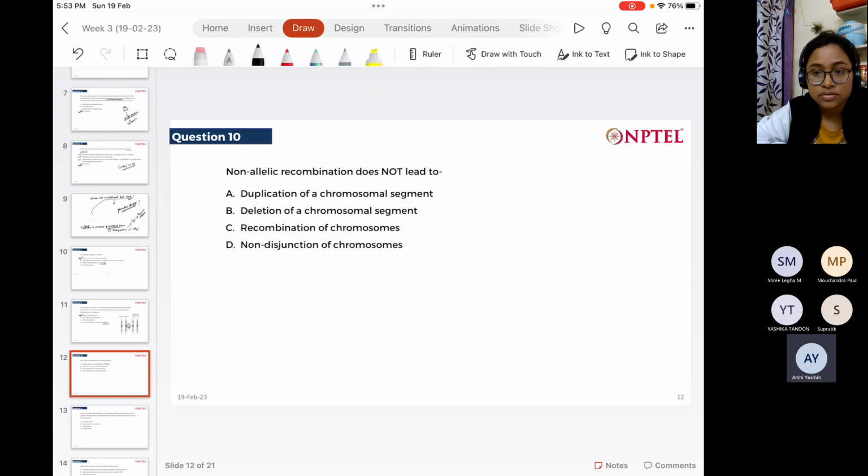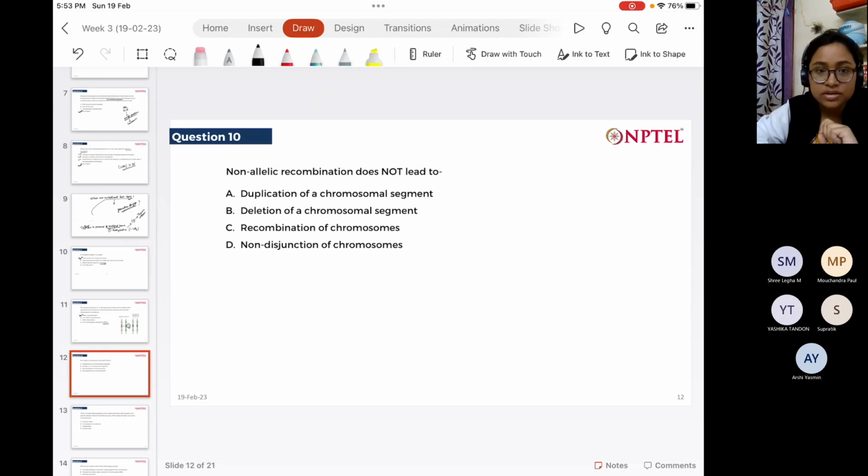Ma'am, I'm confused between duplication and deletion. Okay, acha. So here you're being asked what does not happen in non-allelic recombination. Duplication does happen, right?